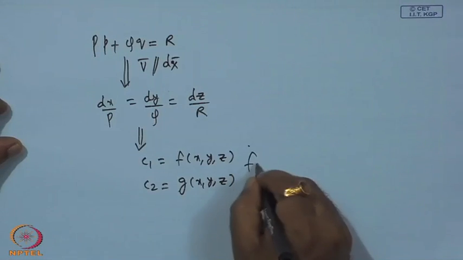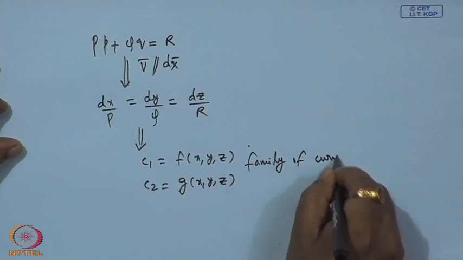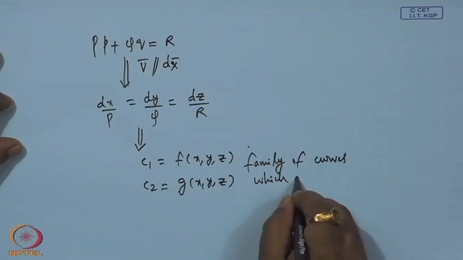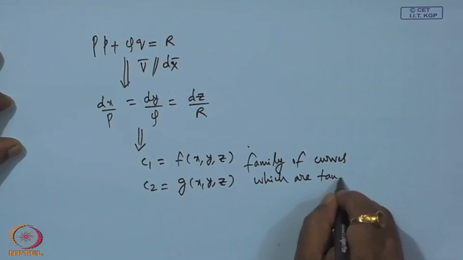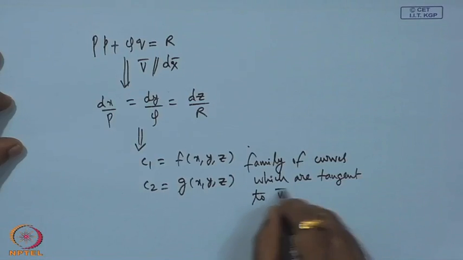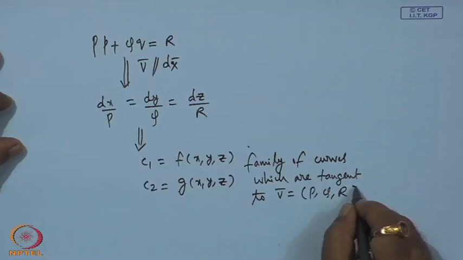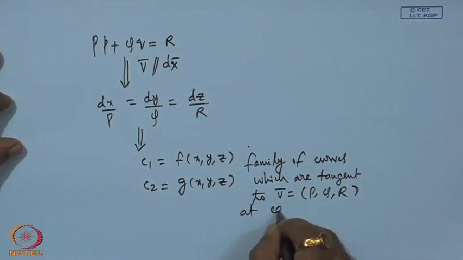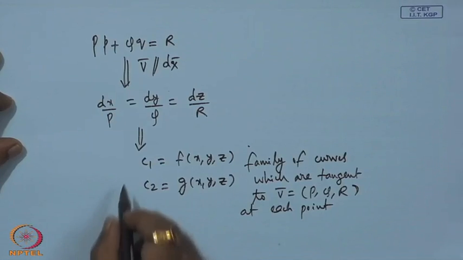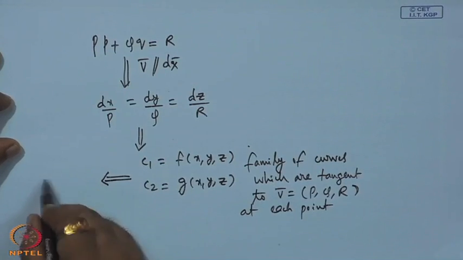So, these are family of curves which are tangent to PQR at each point.